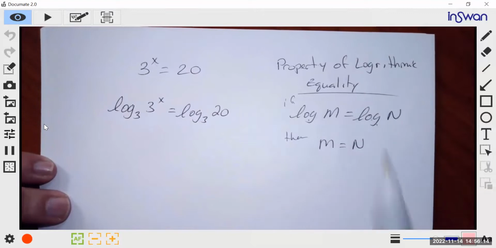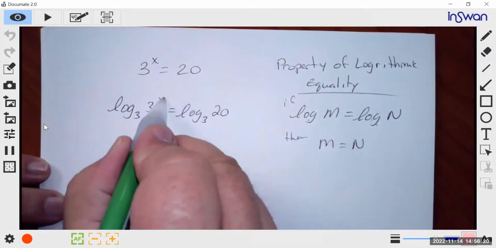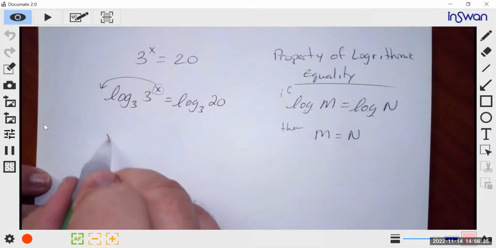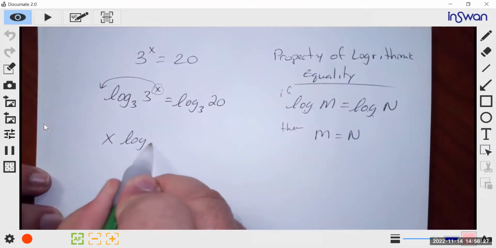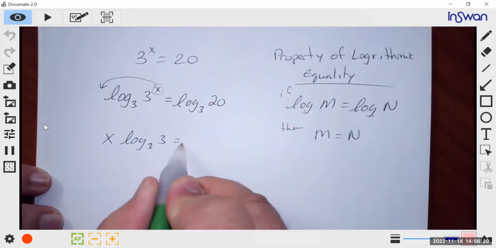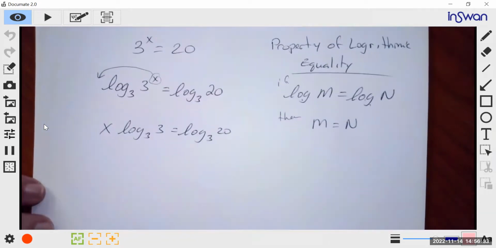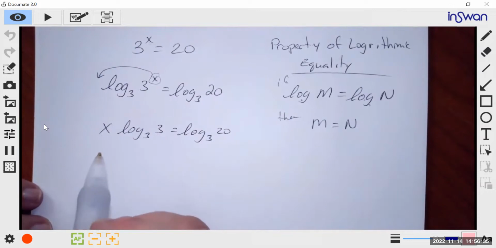I set them both equal to each other. Why did I do that? Because now I have an exponent, and this thing comes out in front. Log base 3 of 3 is what?